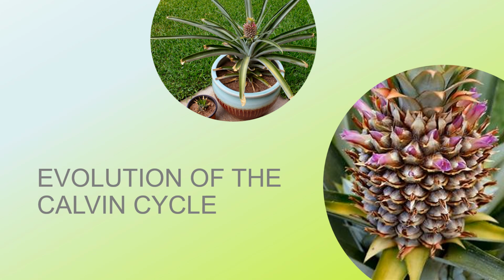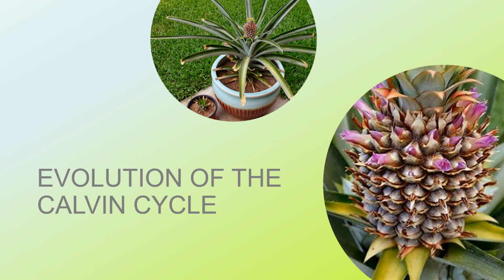In fact, they have a specific adaptation to dry climates, as they do the light reactions during the day and they store the ATP and NADPH. And then they open their stomata at night and do the dark reactions, letting go of the oxygen and taking in carbon dioxide.